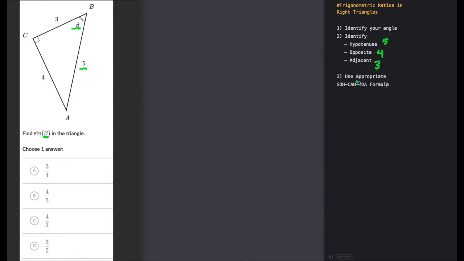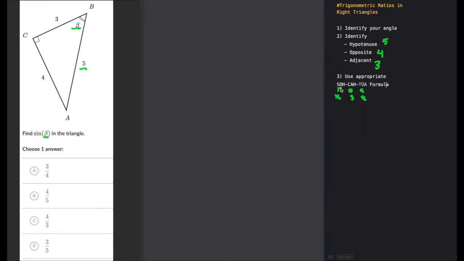Okay, so we have found our hypotenuse, opposite, and adjacent. So they say use the appropriate SOHCAHTOA formula. All right, so how do I know which formula to use? Well, we have SOH, which is for sine, CAH, which is for something called cosine, and TOA, which is for something called tangent.